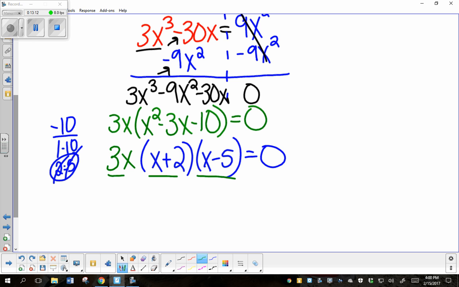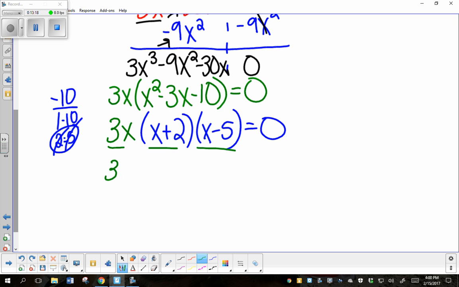If any of those three factors is equal to 0, the whole thing is going to equal 0. So we want to know, when would 3x equal 0? When would x plus 2 equal 0? And when would x minus 5 equal 0? Let's start with the first one. 3 times what is 0?